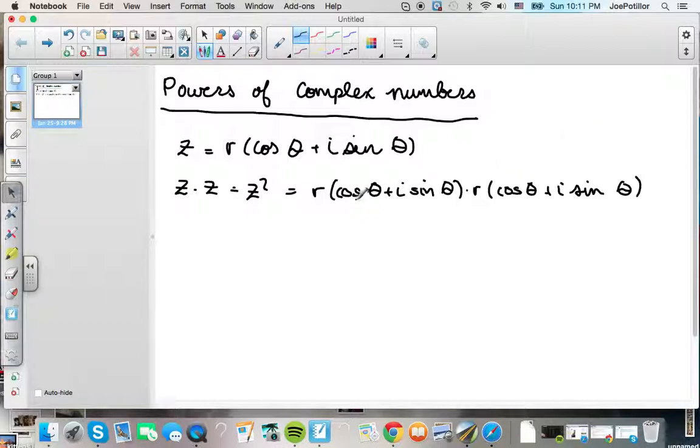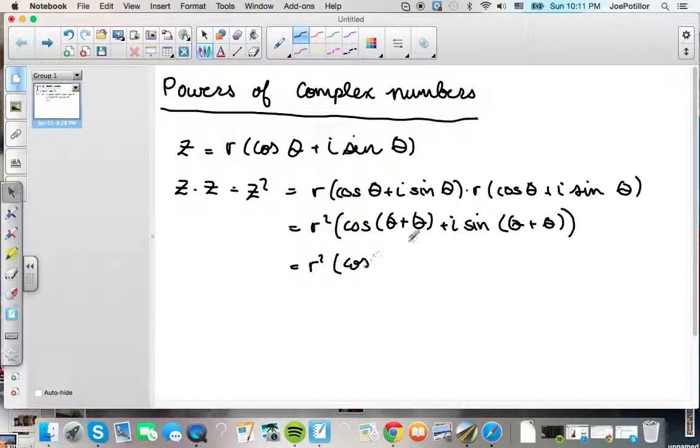So this becomes r squared cosine of theta plus theta, because we add the angles. And we end up with some really nice expression of r squared times cosine of 2 theta plus i sine of 2 theta. Okay.